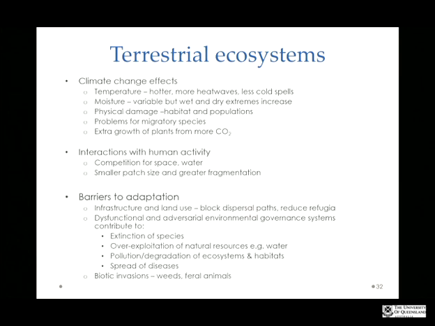Some of the barriers include the fact they can't move around, and that we've got rid of refugia by clearing habitat, and the fact that our governance systems, particularly with environmental conditions, tend to be towards overusing resources, polluting and degrading habitats, spreading diseases and weeds and things like that. So all of those things have a knock-on effect in addition to climate change.